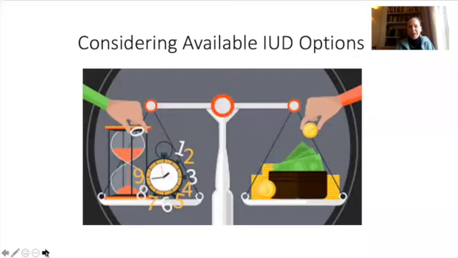So lots to think about with the available copper IUDs. However, when picking a device for a patient, rarely is the focus on the thread color or on anything about the exact diameter of the placement tube, which doesn't seem to have much clinical difference.